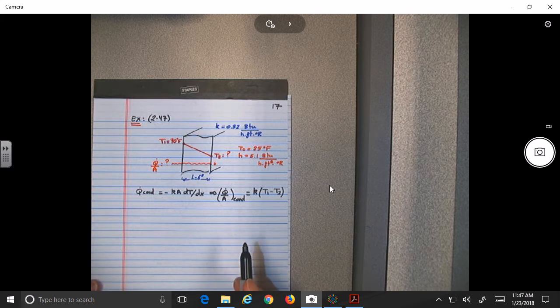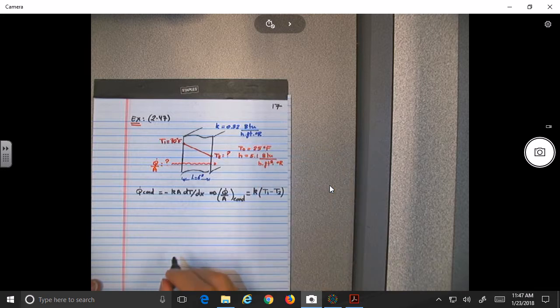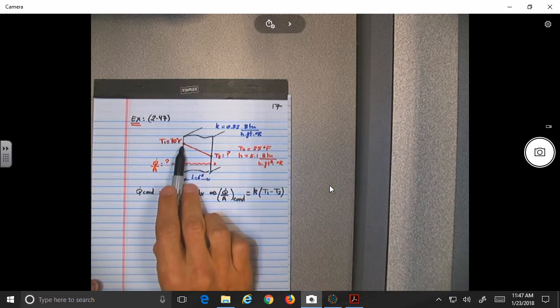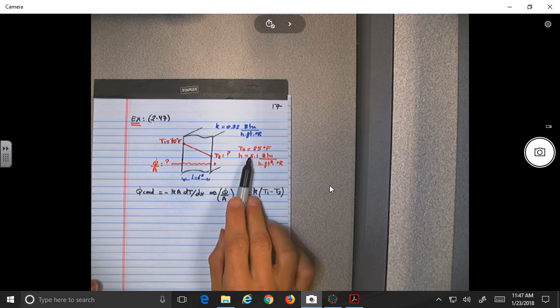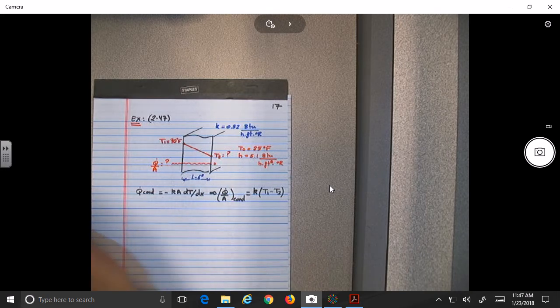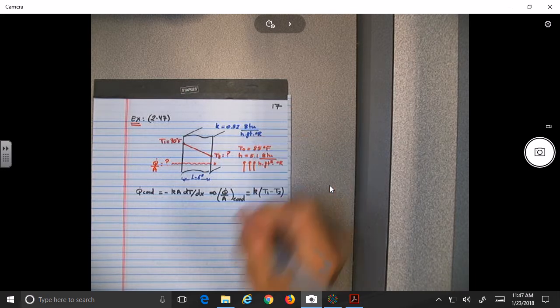Now, what is the other type of heat that you have on this area? So the heat goes by conduction through the wall, and then the heat goes from the wall into the medium, air. Into what type of heat transfer mode? Convection.